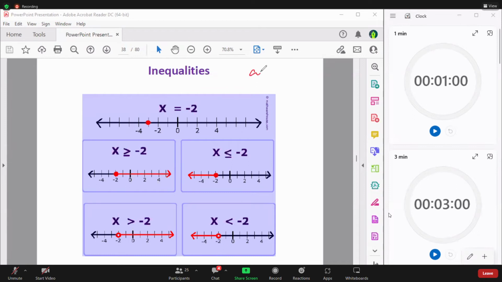The only way is when a is less than 0, then b has to be greater than or equal to 0. Only then will the product of the two be less than or equal to 0. Does this make sense? Anyone who has not understood?